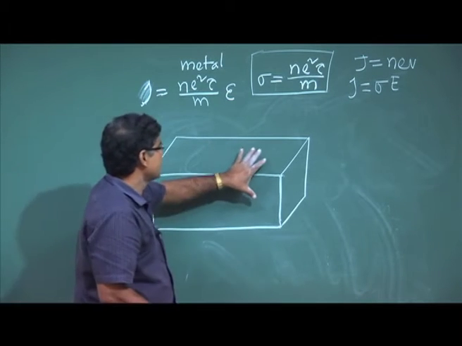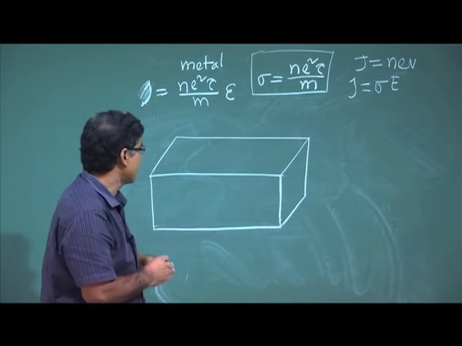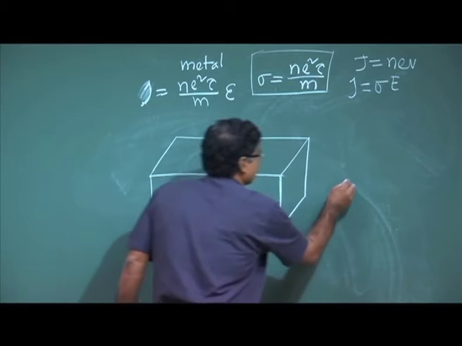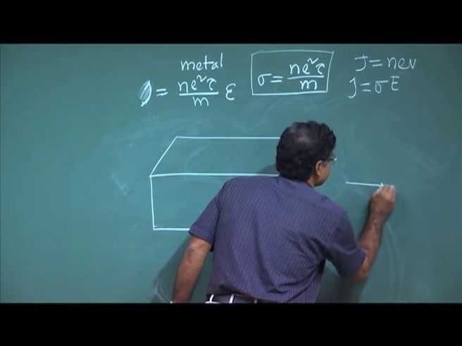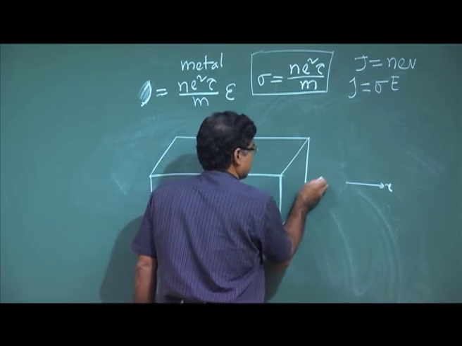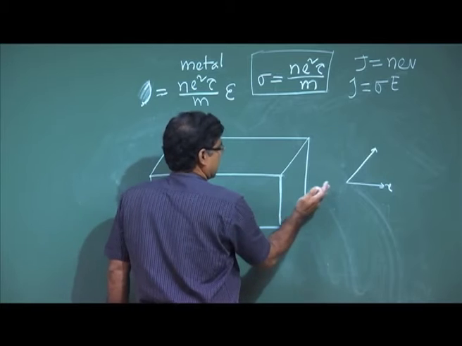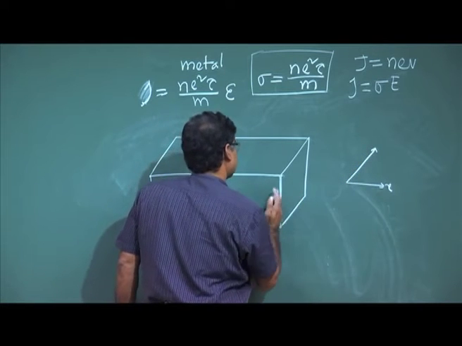So, this is the sample dimension or geometry of the sample. This is the x direction, this is the y direction, and this is the z direction.